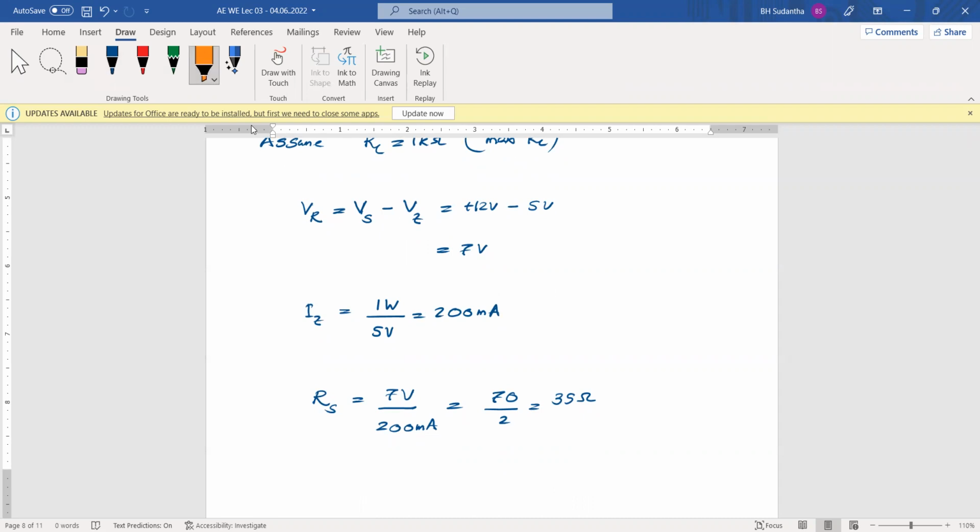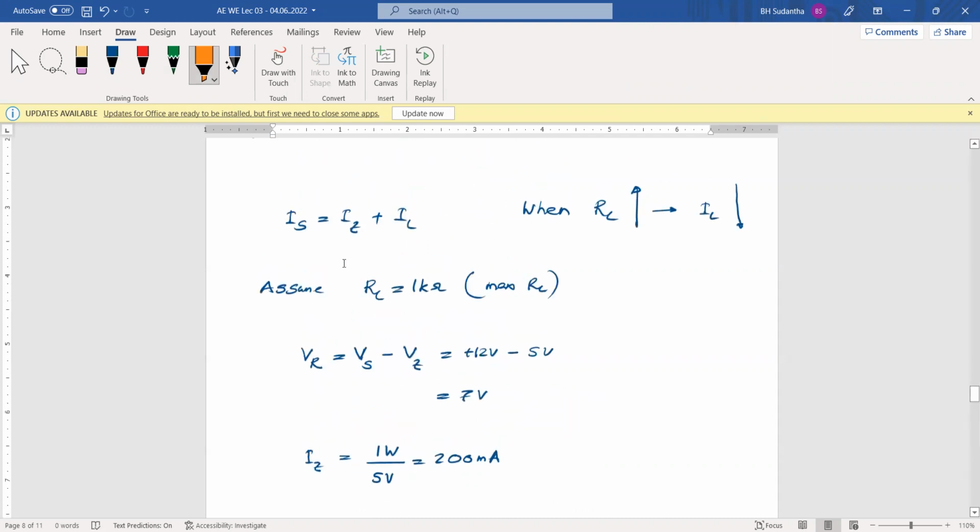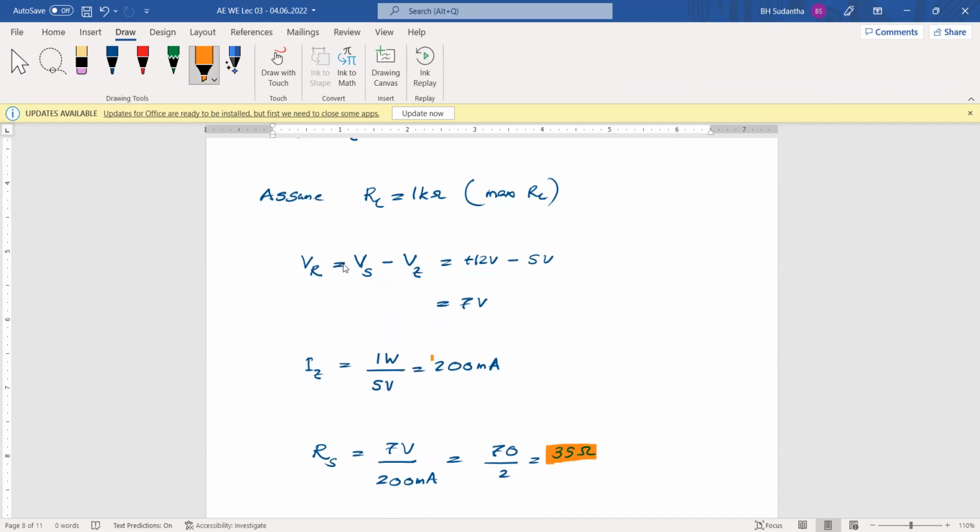This is one important point. We have to put a 35 ohm resistor there, and we have calculated that the Zener current it can handle is 200 milliampere.